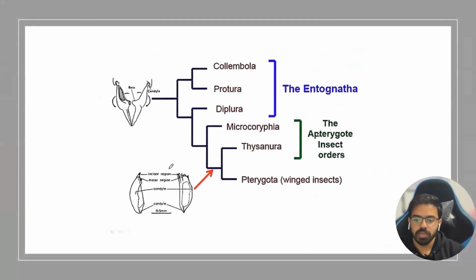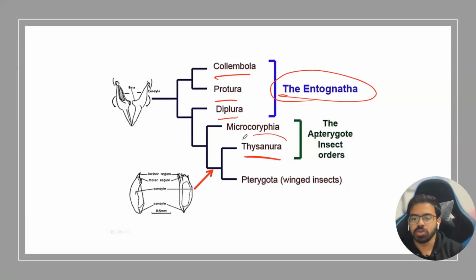In this phylogenetic tree, Collembola, Protura, and Diplura are entognatha, and Thysaneura is the apterygote insect order with ectognathous mouthparts. Forget about Microcoryphia because it is not under the IMS classification. Just take Collembola, Protura, Diplura, and Thysaneura. That's it.